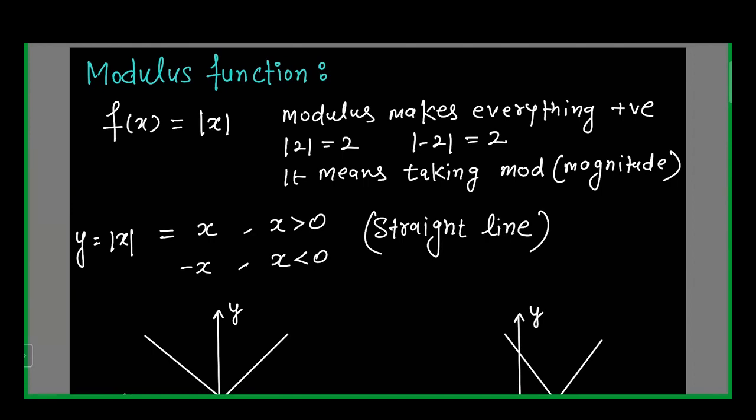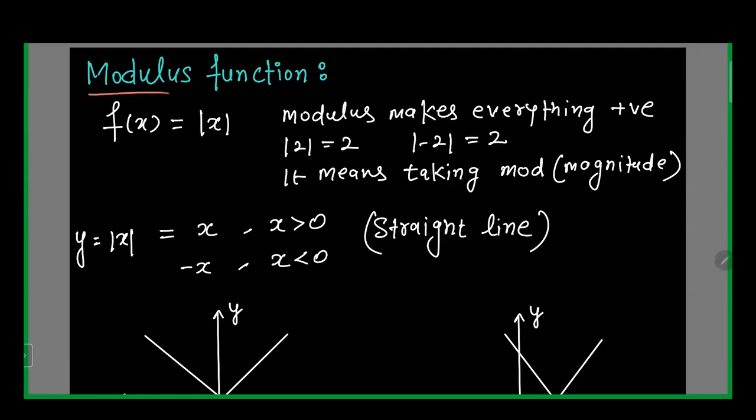We did the power graphs like 1 by x square, 1 by x cube, and how you can compare these kinds of graphs. Now we are moving towards more complex graphs. Number one, a little advanced or complex function, is the modulus function. In this lecture, we will start with the modulus function.